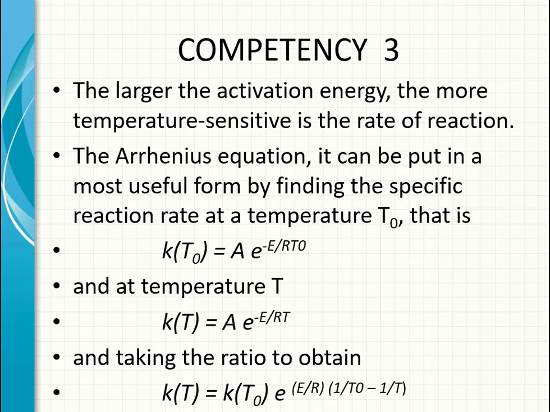So, if we take the ratio of these two equations, we will have that the rate constant at temperature T is equal to the rate constant at temperature T0 times the exponential of capital E divided by R times 1 divided by T0 minus 1 divided by T. So here we can see that we can calculate k at different temperatures if we have the value of k at a temperature T0.